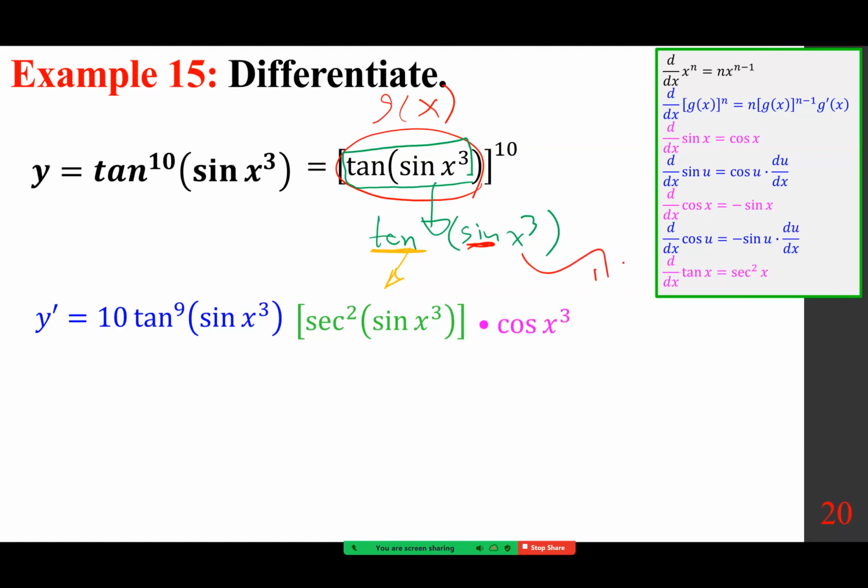And then finally x cubed gives me 3x squared. I think if you do it in a manner that I mentioned, I think it's a lot easier than just keep on writing d dx of this and d dx of that. So let's recap.